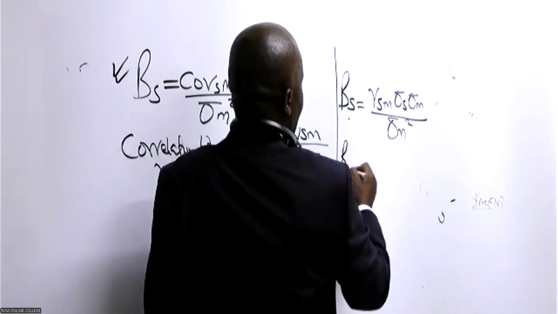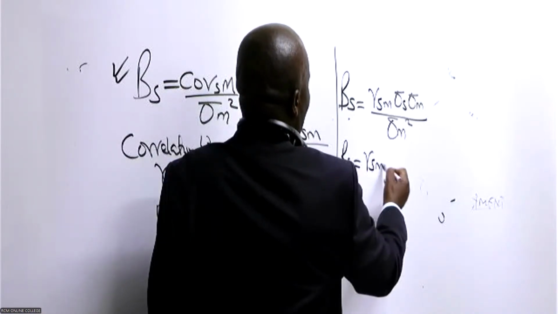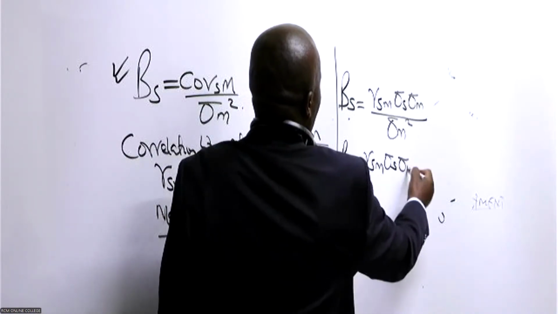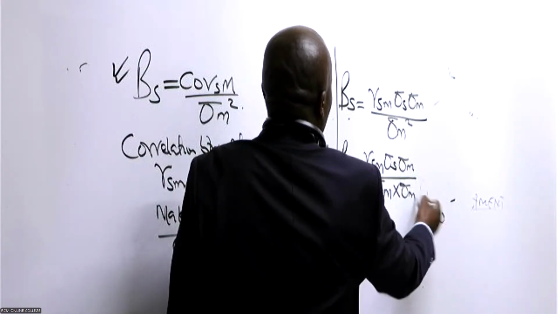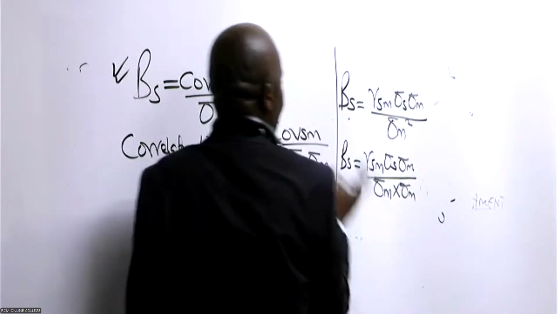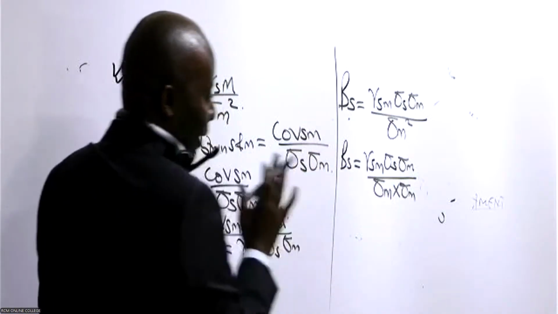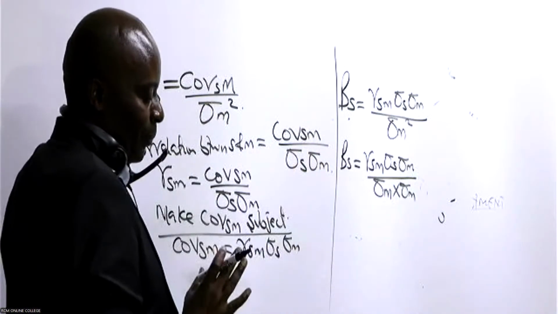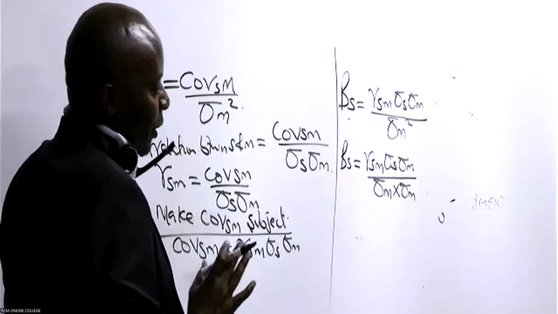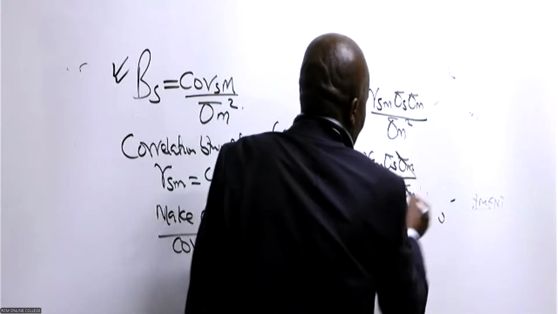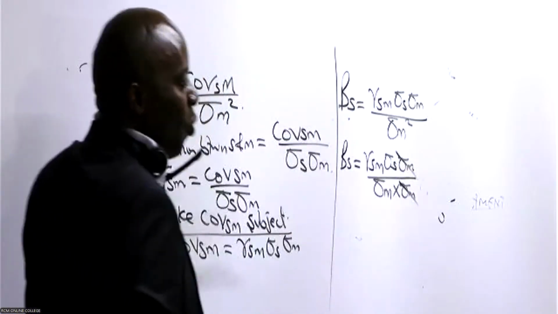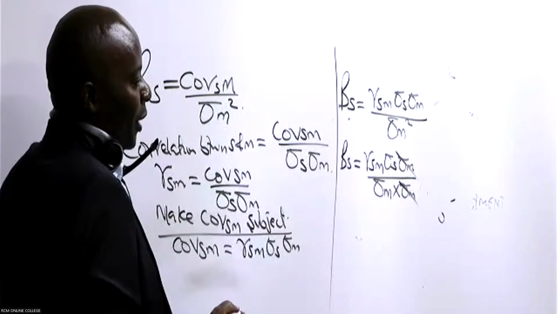So beta S will be equal to RSM, standard deviation S, standard deviation M, over standard deviation M times standard deviation M. Because you see, standard deviation M squared is standard deviation M multiplied by standard deviation M. So what am I seeing, ladies and gentlemen, here? That these standard deviations M, see, I can do what? I can cancel. Those two can cancel there.